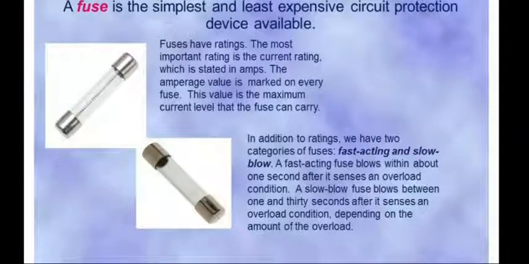Fast acting and slow acting fuses are there. If you see it blowing out within about 1 second, then it is a fast acting fuse. Anything above that will be called a slow acting fuse.